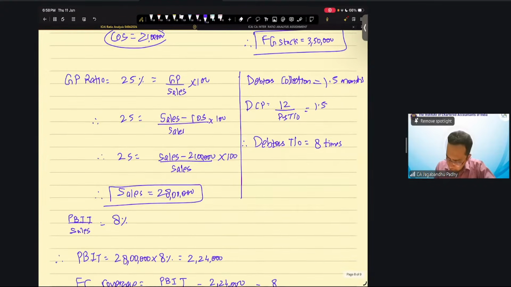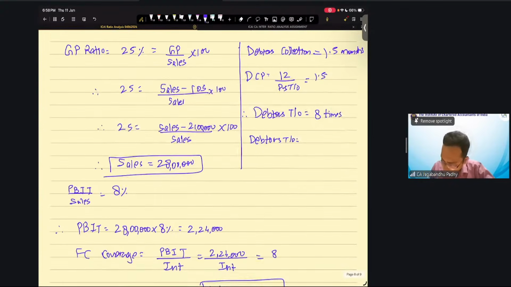And how do we calculate the debtors turnover? Debtors turnover is calculated as sales, which is obviously the credit sales, upon debtors value. So 8 equals 28 lakh upon debtors.